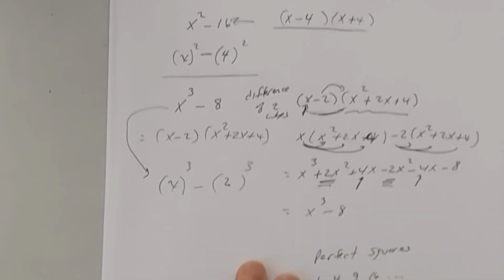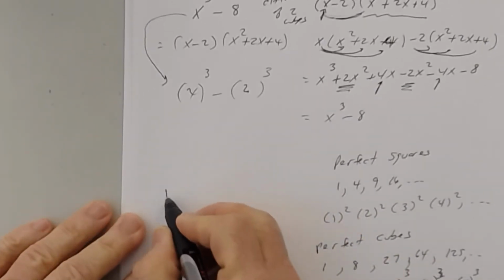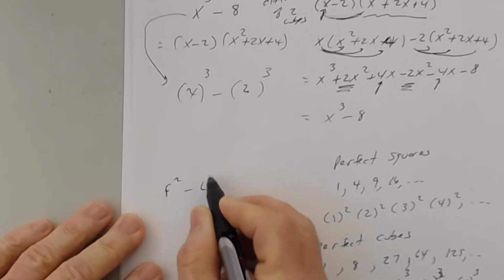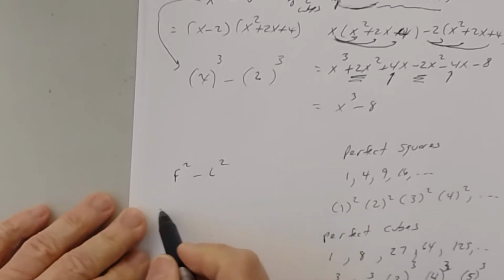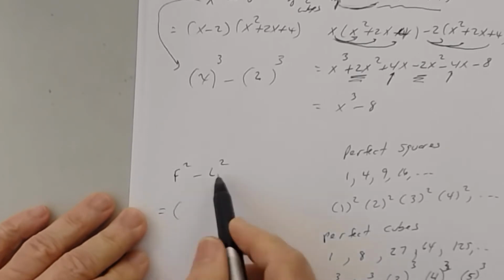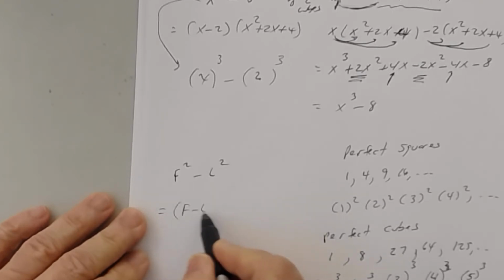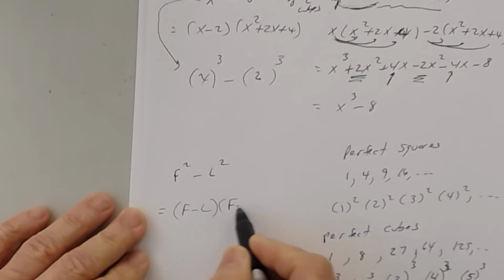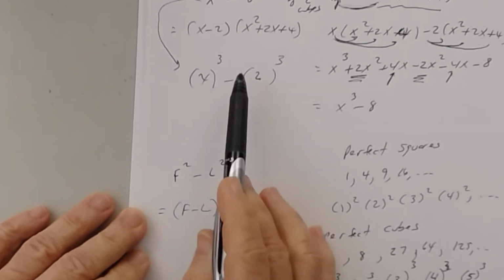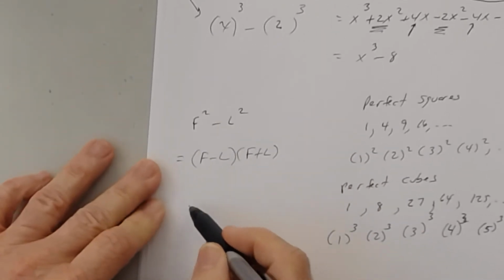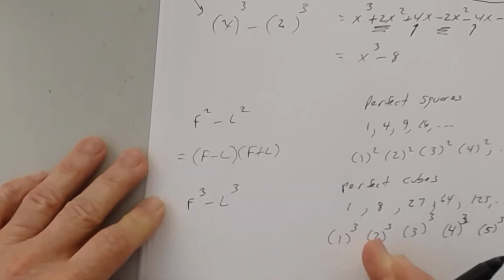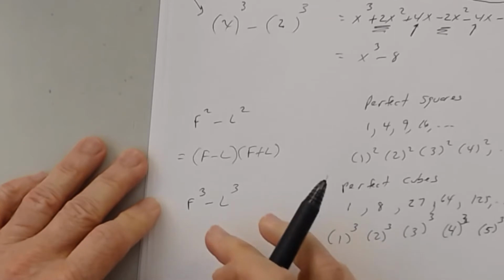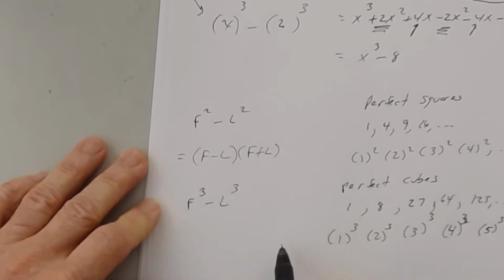Now remember when we talked about that formula earlier about the difference of two squares, f squared minus l squared, it was f minus l times what? F plus l. Now what we want to look at is, what is it for f cubed minus l cubed? How do I factor the difference of two cubes?